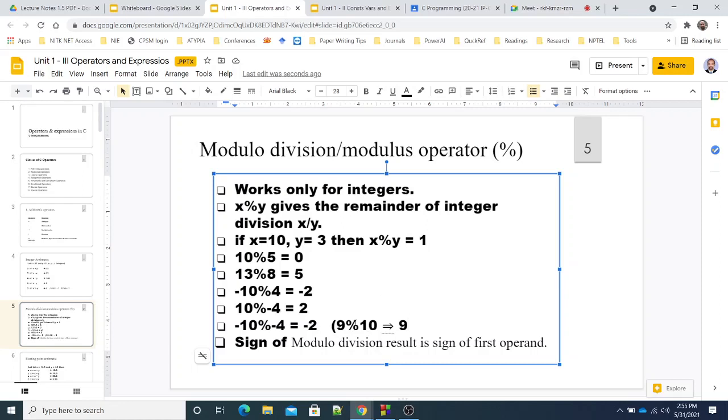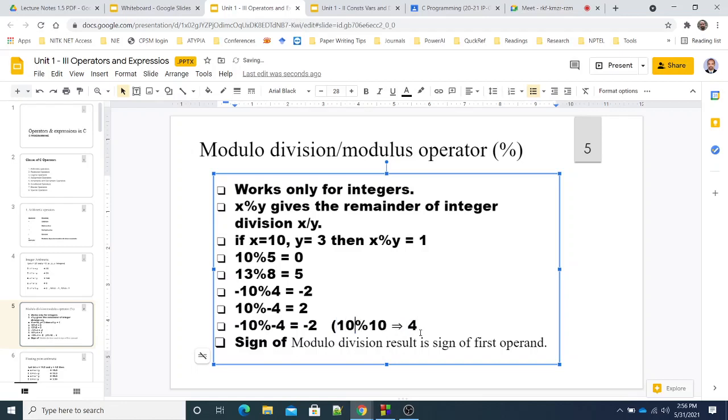So for any number less than the second operand, say 3 mod 10, you get 3. If you perform the mod with that, you get the same number. 4 mod 10 is 4.